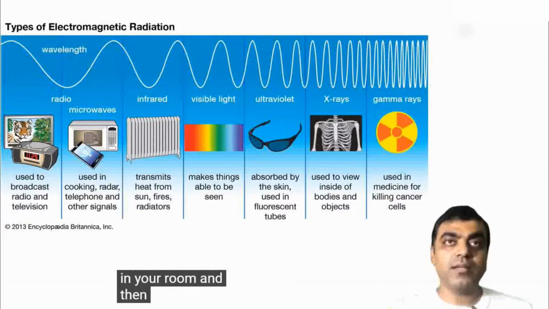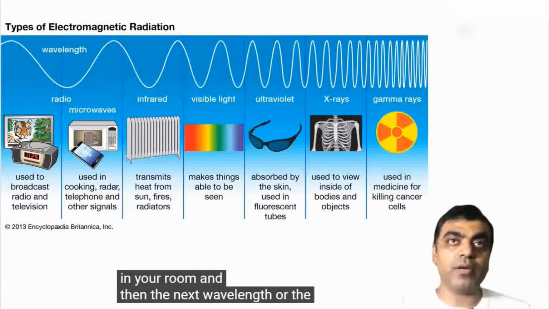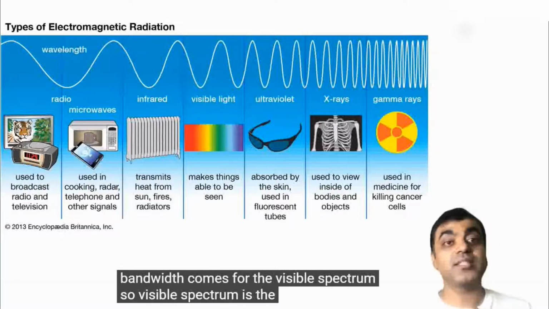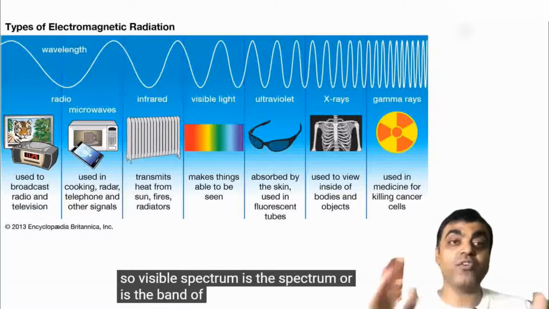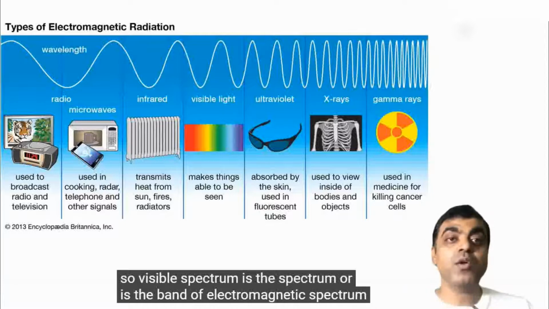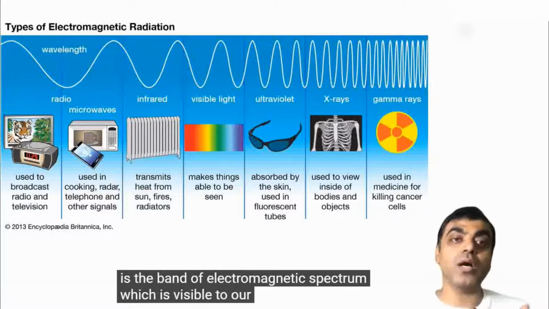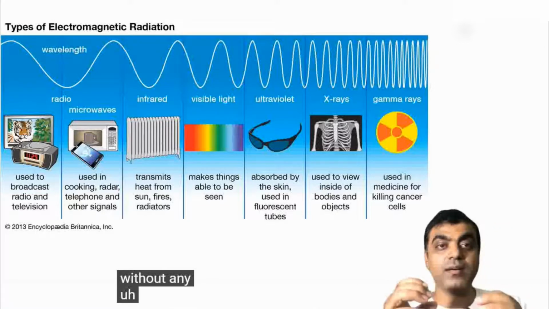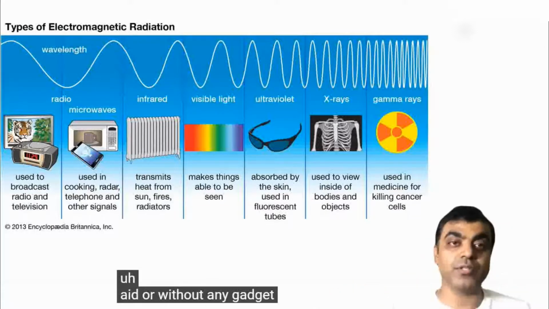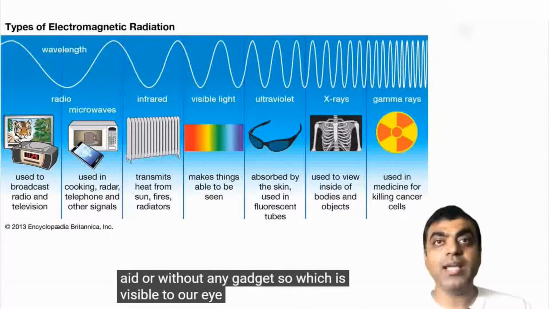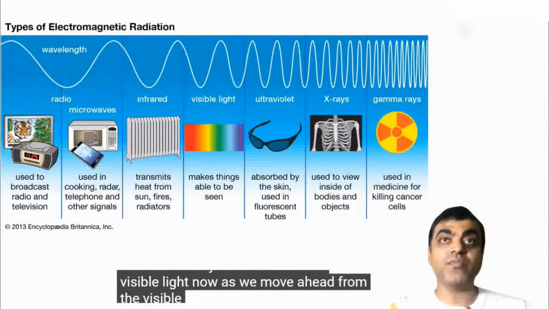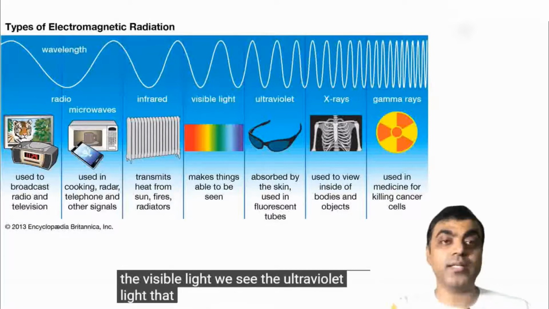And then the next band comes for the visible spectrum. The visible spectrum is the band of the electromagnetic spectrum which is visible to our human eye, without any aid or gadget. That is called visible light. As we move ahead from the visible light, we see the ultraviolet light, the UV.